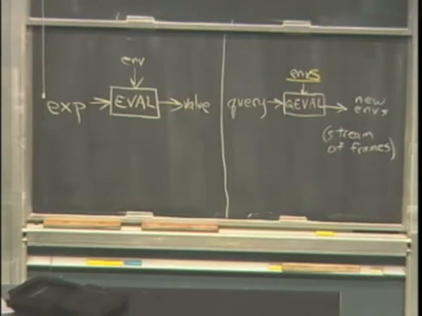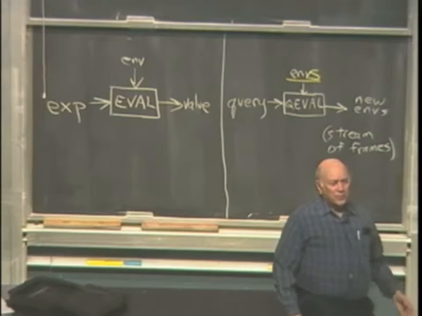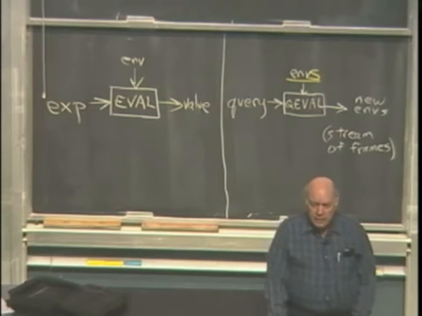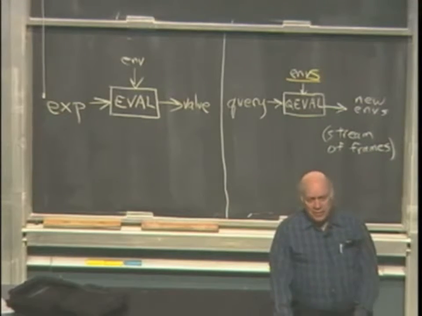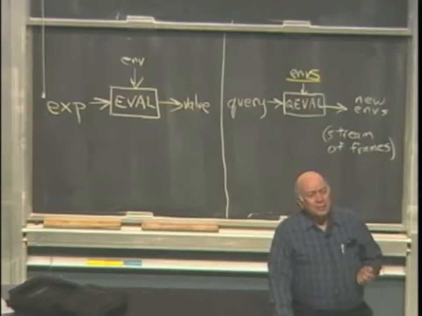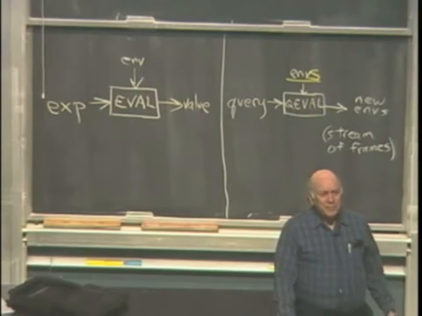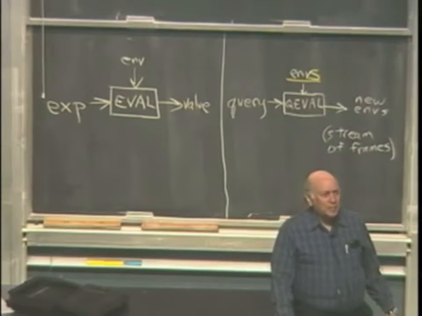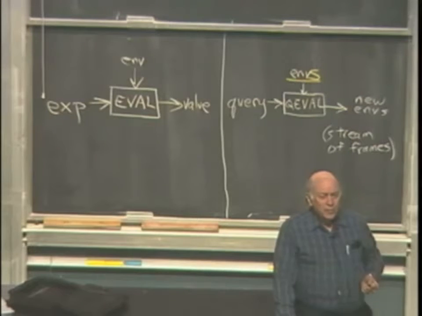Each environment, unlike the metacircular evaluator, is just one frame. You should ask yourself, how can that be? Because they have a scoping problem the same as Scheme does, about having a local variable in a particular rule that might be the same as a variable in some other rule. They resolve the problem differently, which is that as you're applying a rule, you systematically rename all the variables in the rule.